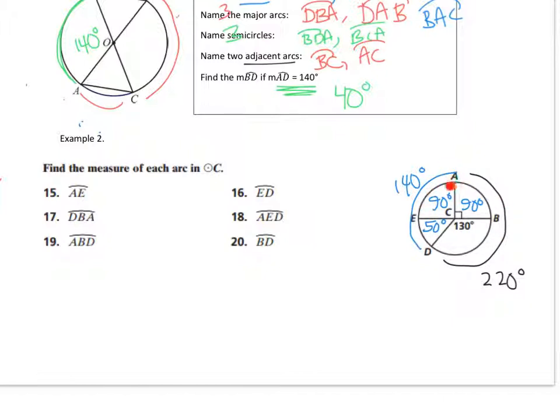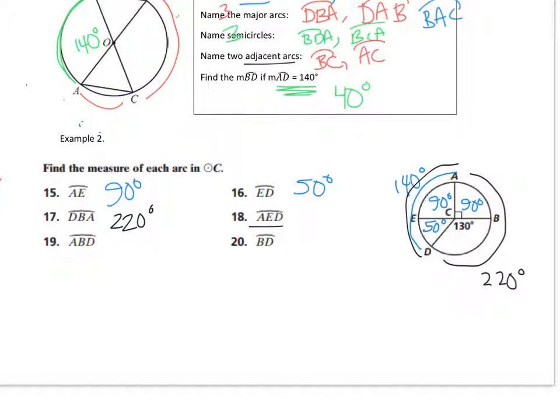So arc AE, this has to be 90. So you're right, 90 degrees. Arc ED, we did, that's 50 degrees. Arc DBA is 130 plus 90, which is 220 degrees. Arc AED. Well, that's weird that they put three letters in here, because really this would just be arc AD.